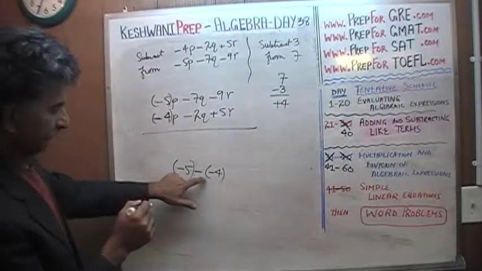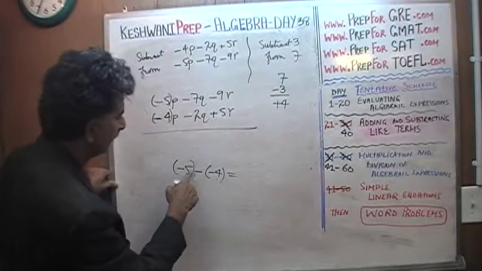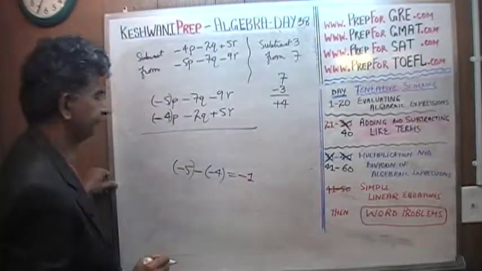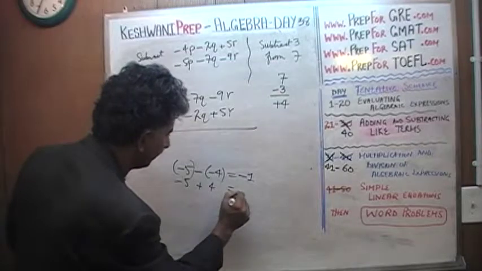You see right here. So this negative and negative becomes positive, and when you subtract negative 4 from a negative 5, you actually end up with a negative 1. Because this becomes positive 4, and you end up with a negative 1.